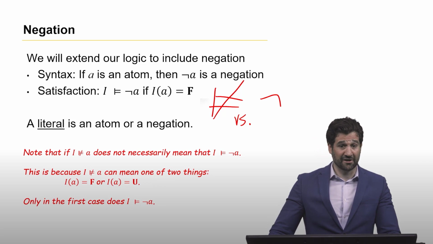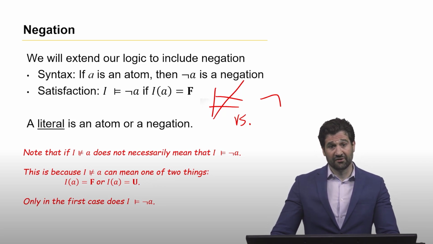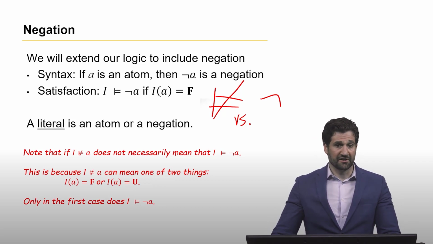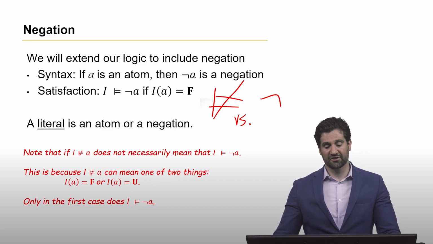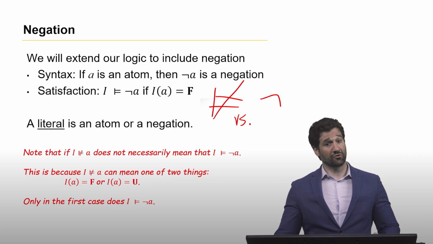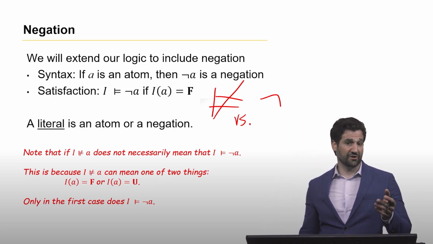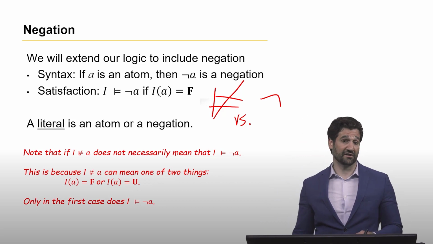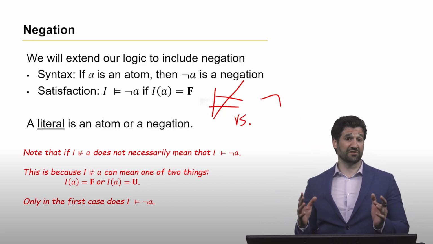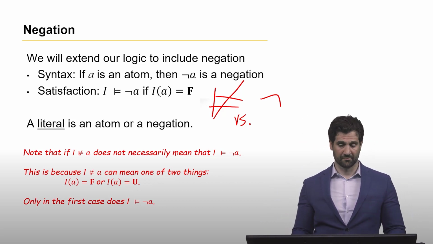Well, not necessarily. There are two different ways an interpretation can not model something, and that is if it's false or if it's unknown. And only in the first case can we say that it models the negation. In the second case, we still don't have any information.